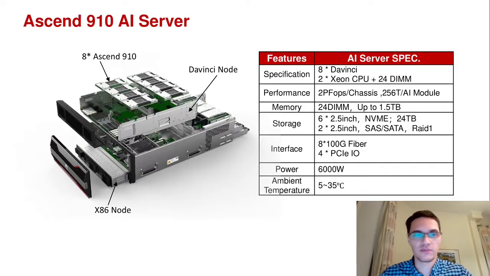Huawei puts 8 Ascend 910 chips into one AI server, so the total horsepower becomes 2 petaflops, and the total power consumption is 6000 watts.